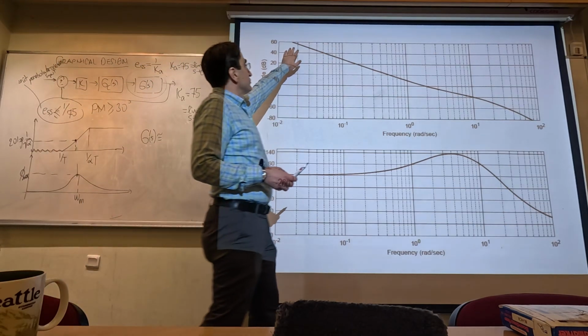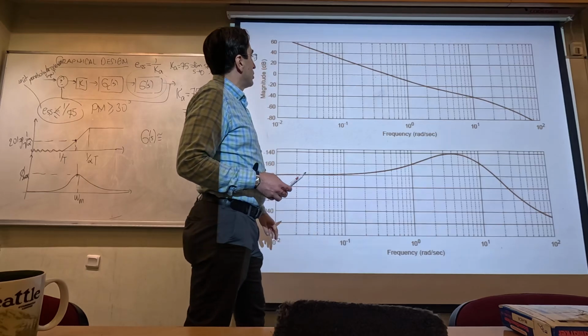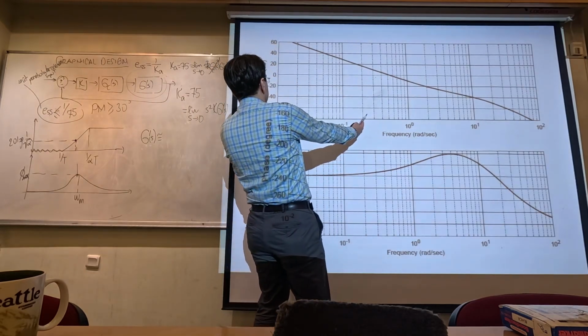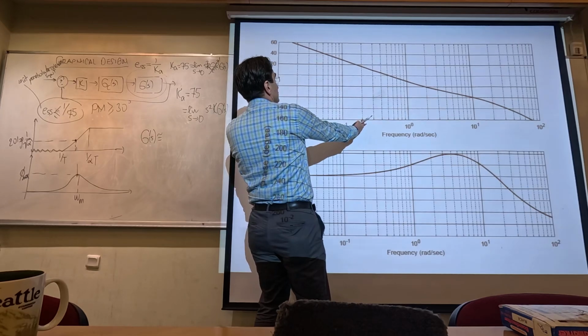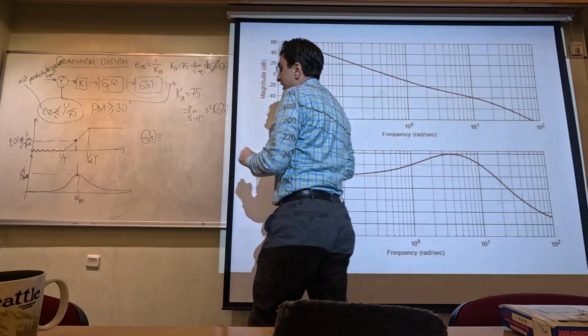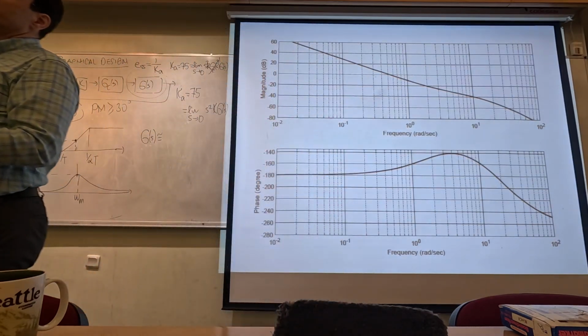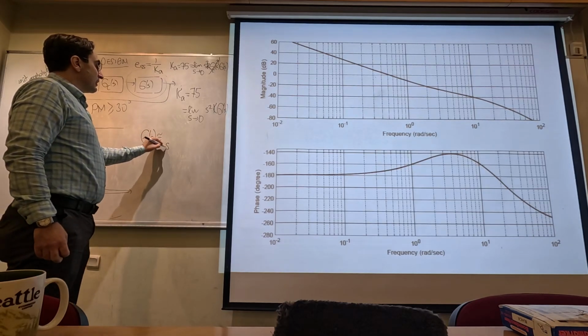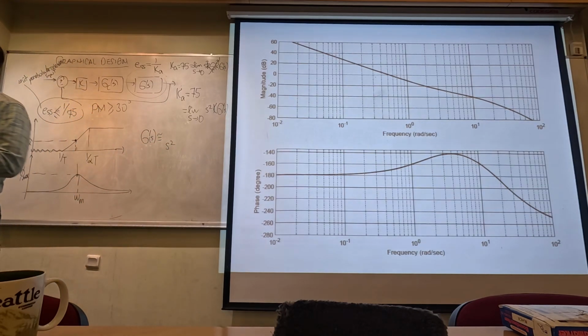That means that I need an approximation for G of s at low frequencies. If you look at the slope here, when the frequency increases 10 times, from 2 times 10 to the minus 2 to 2 times 10 to the minus 1, how much decrease do you observe at low frequencies? 40 dB. So that actually means that this system is a type 2 system. So I have an s squared in its denominator.